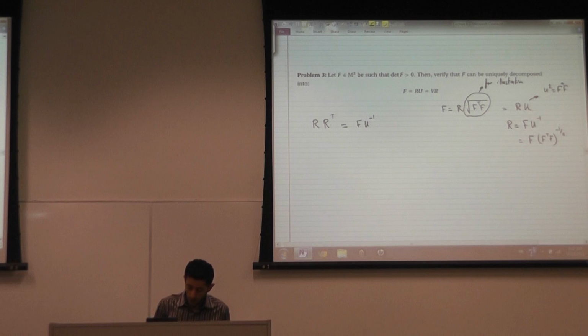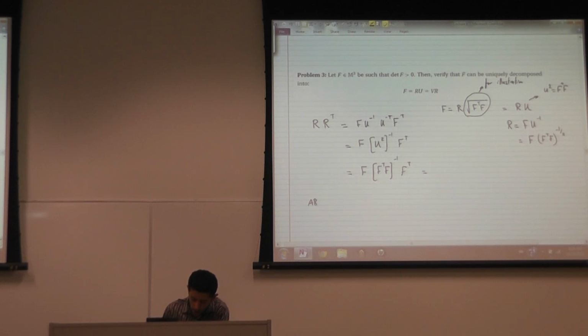R transpose is equal to U negative transpose F transpose. U is a symmetric matrix. U negative 1 is equal to U negative transpose. So this is F (U squared) negative 1 F transpose. U squared is equal to F transpose F, negative 1 F transpose.